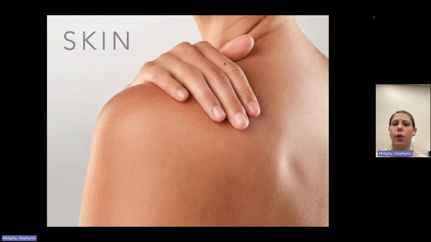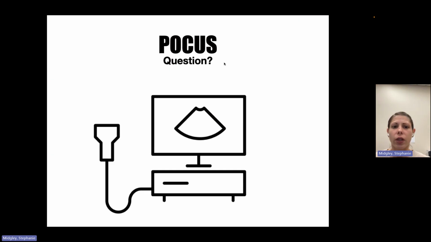All right, so skin. The first thing I always like to ask, right, POCUS is your physical exam on steroids, so we're asking very simple yes/no questions. POCUS will never tell you whether this is cellulitis or not, because things like lymphedema and pedal edema from CHF are all going to look the same as cellulitis.